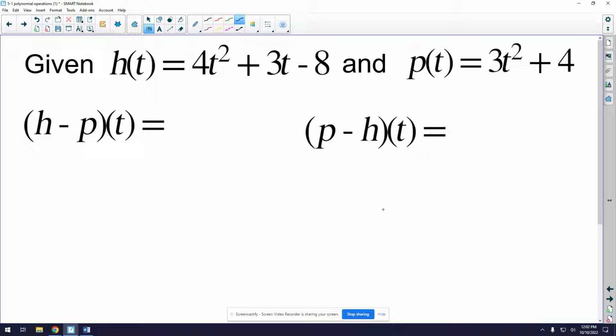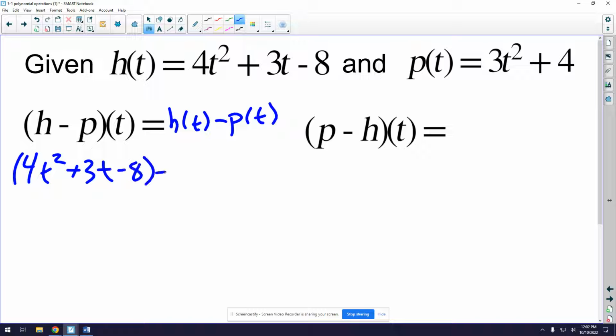So now let's look at subtraction. The first one says I want to take h of t and subtract p of t. So I'm going to take h of t, which is 4t squared plus 3t minus 8, minus p of t, which is 3t squared plus 4. Once again, with subtraction, we do not do FOIL, but the subtraction is important because the subtraction here needs to distribute to both of the terms in that set of parentheses.